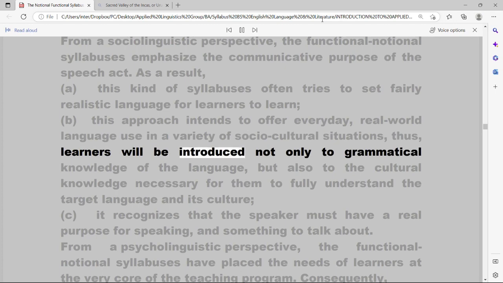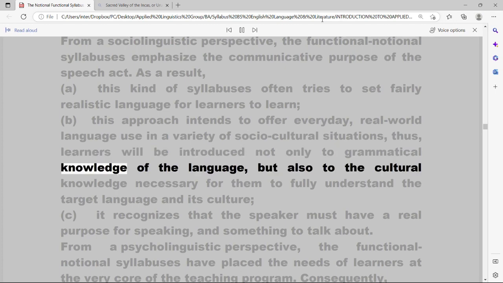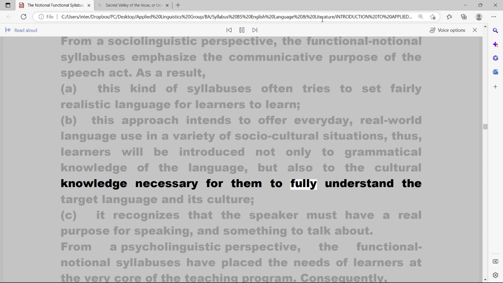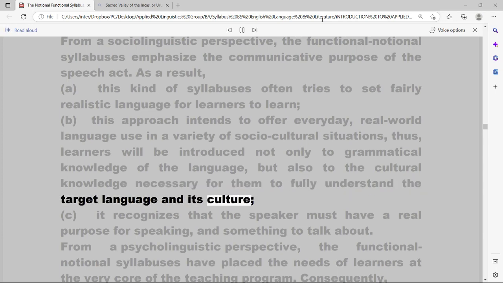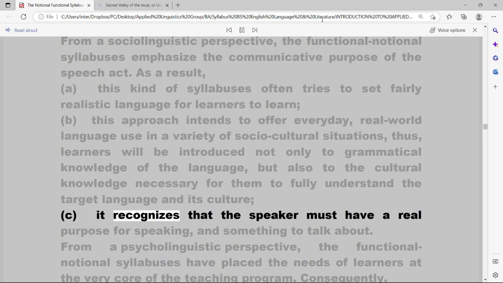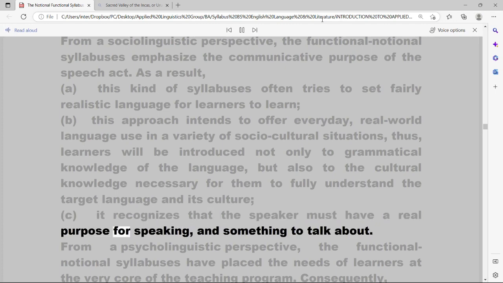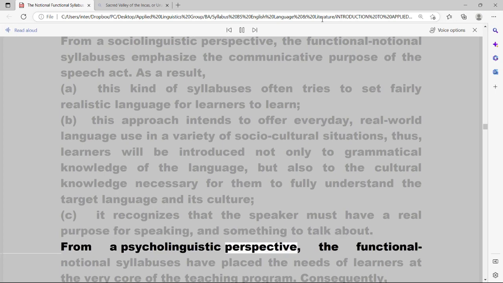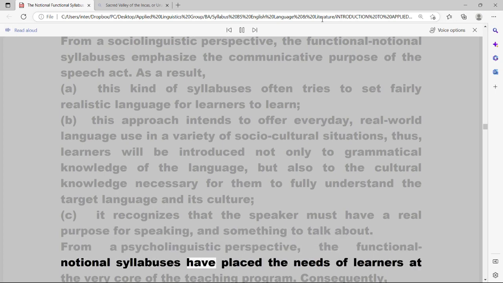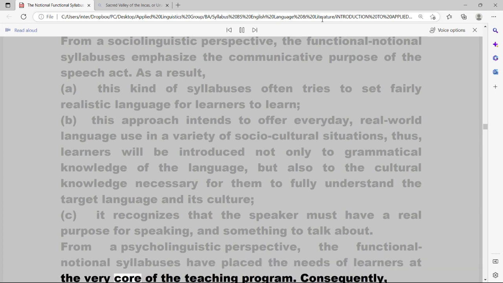Thus, learners will be introduced not only to grammatical knowledge of the language, but also to the cultural knowledge necessary for them to fully understand the target language and its culture. C. It recognizes that the speaker must have a real purpose for speaking, and something to talk about. From a psycholinguistic perspective: A. The functional notional syllabuses have placed the needs of learners at the very core of the teaching program.